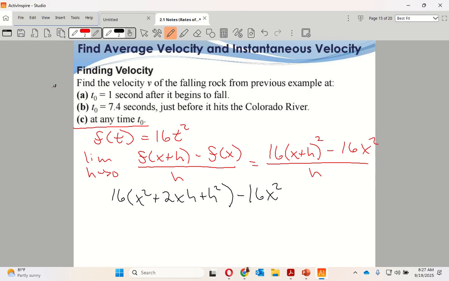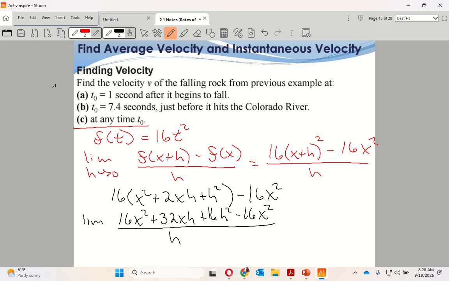Distributing, I get 16x squared plus 32xh plus 16h squared minus 16x squared, all over h, the limit as h approaches 0.